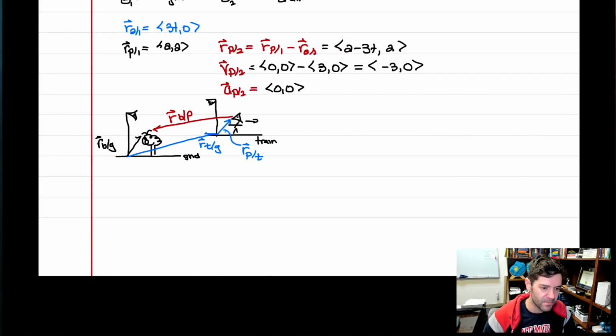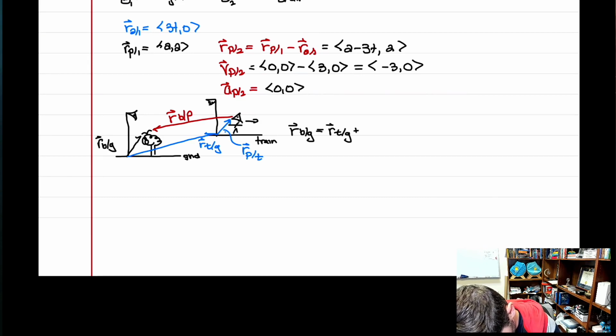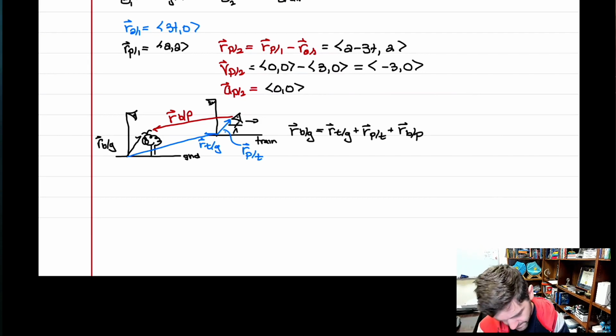So there's relative motion between the train and the ground. That's the first blue, R of t-g. There's relative motion between this person walking on the train relative to the train, p-t. And then they could compute the position of the bird as seen from them. The expression they would have to write down is that the bird relative to the ground is, by vector addition, the same thing as the train relative to the ground plus the person relative to the train plus the bird relative to the person.